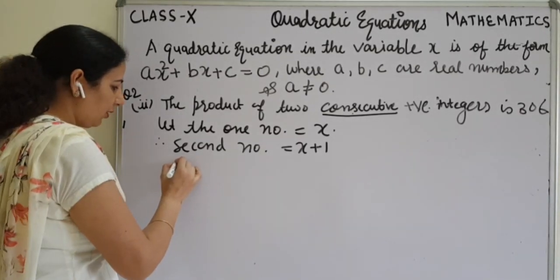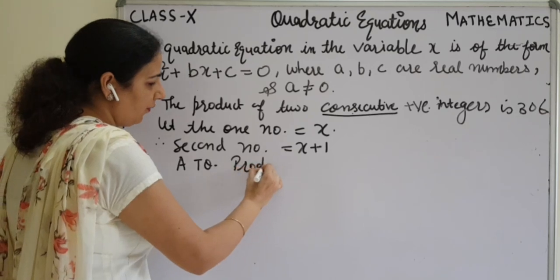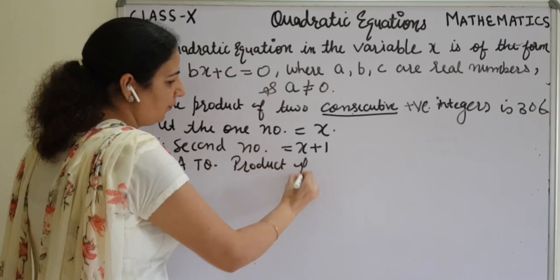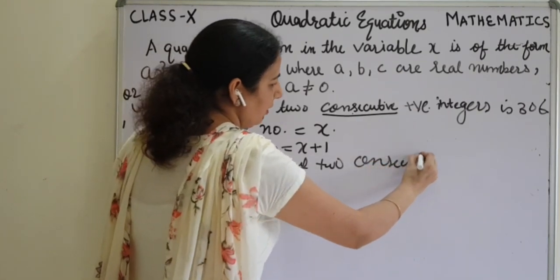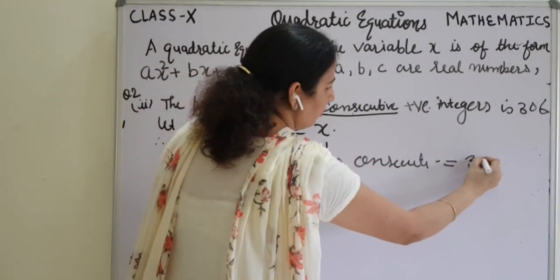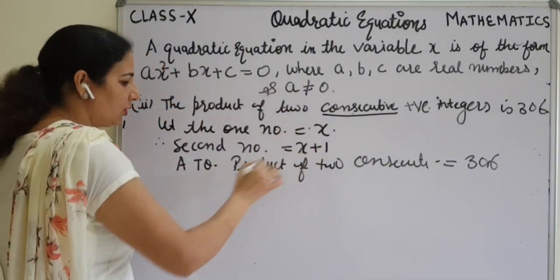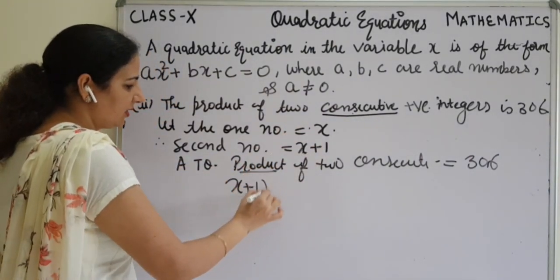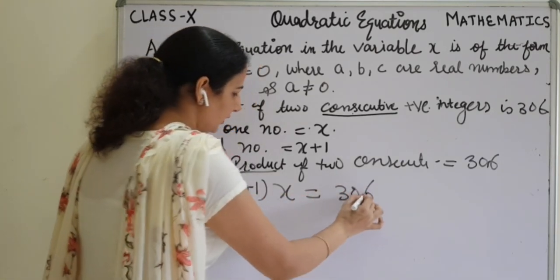Now according to the question, the product of two consecutive positive integers is equal to 306. Product means multiply of these two numbers. So x plus 1 into x is equal to 306.